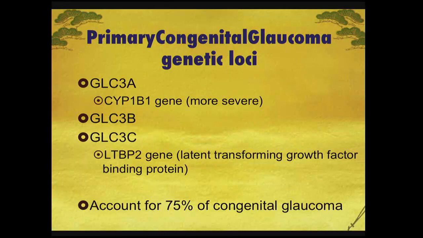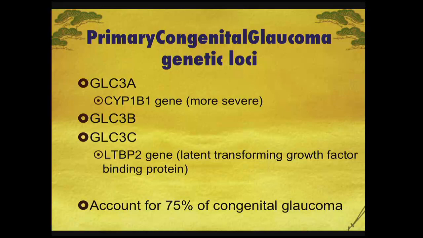With primary congenital glaucoma, again, there's a number of loci that have been identified. For testing purposes, you want to remember that GLC3A is associated with the cytochrome P450 gene. I think this gene mutation has been found in a lot of the Middle Eastern countries, and so there's very severe glaucoma if that mutation is found.